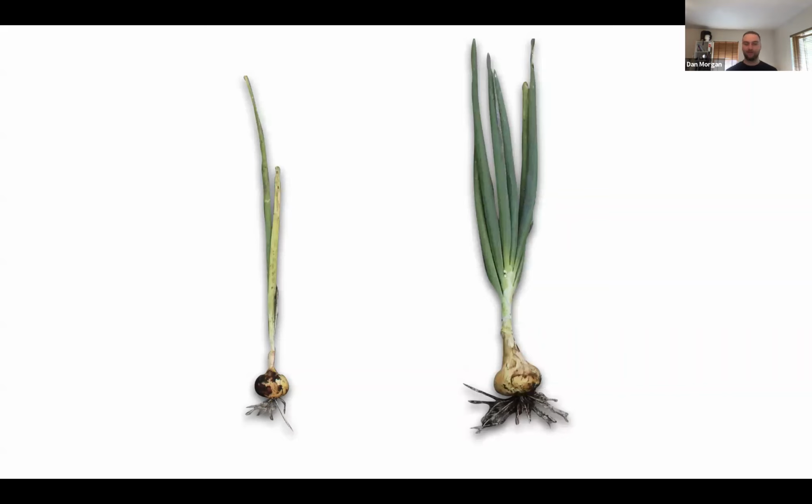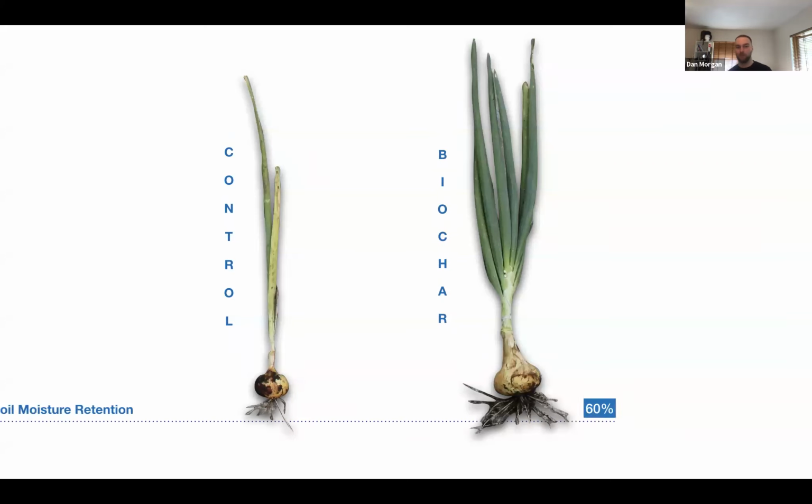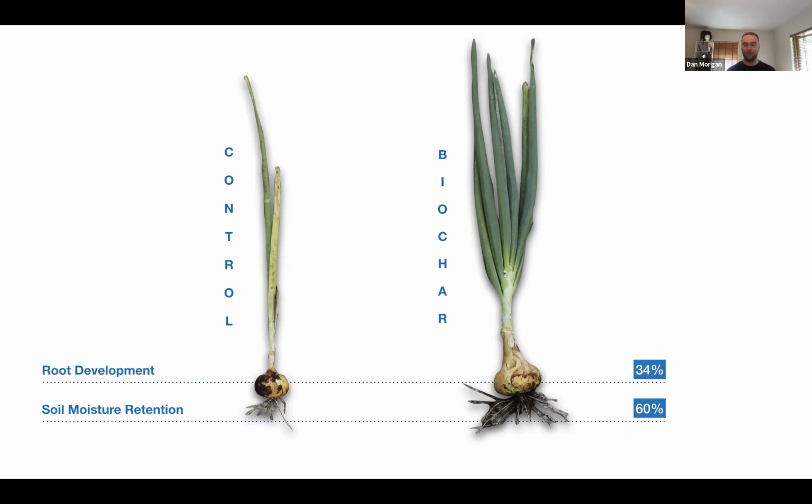So the three things that we do that not only help food security but also help the resilience of the subsistence farmer: we increase soil moisture retention by up to 60%, and that's effectively an insurance policy. If there is a drought, your crops are more likely to survive. We also help improve root development by up to 34% with biochar.